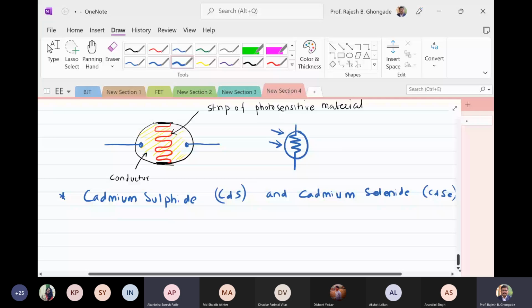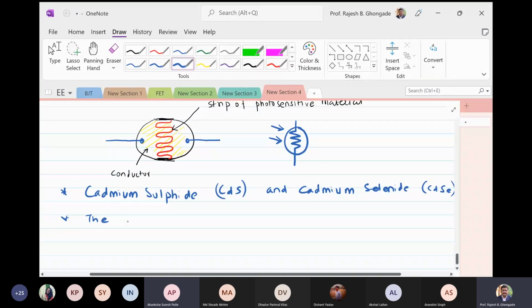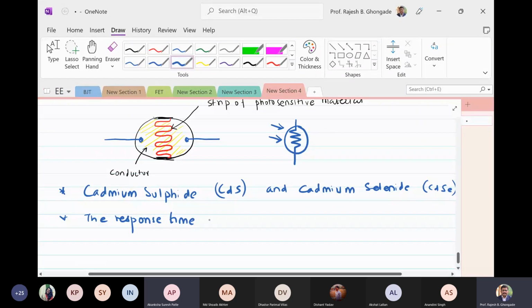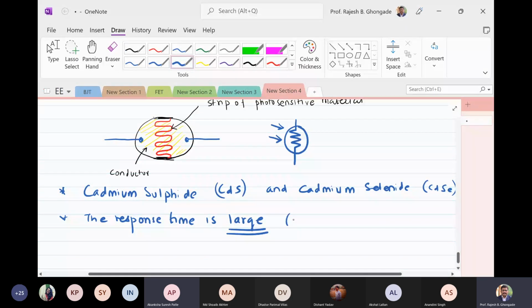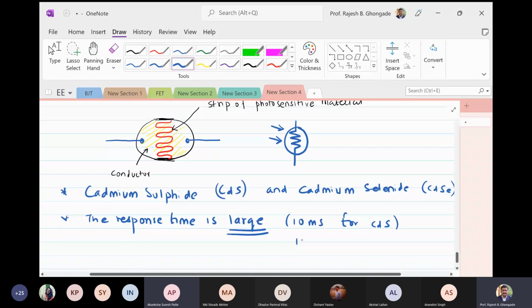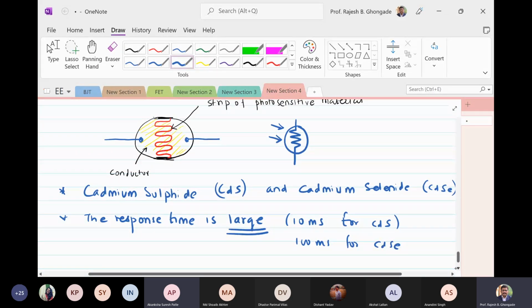Now, the response time is comparatively large. I mean, it is a sluggish device. It takes about 10 milliseconds for CDS and 100 milliseconds for CDSE to react and change the resistance if the light is incident on it.